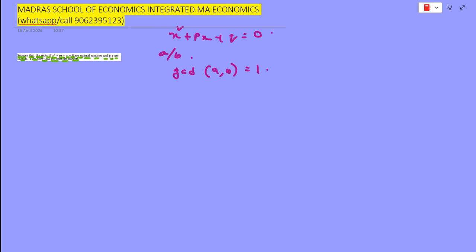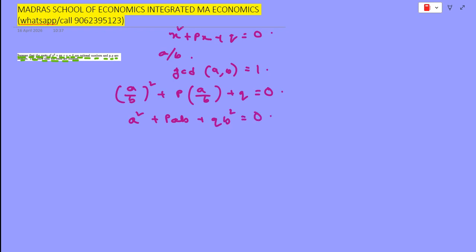Okay, now plug in (a by b) whole square plus p into (a by b) plus q equal to 0. Right? Now multiply everything by b square because fractions are enemies of happiness. So a square plus pab plus qb square equal to 0. Right?